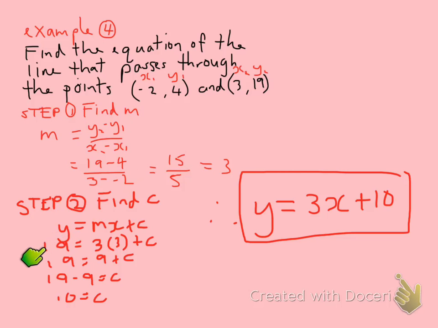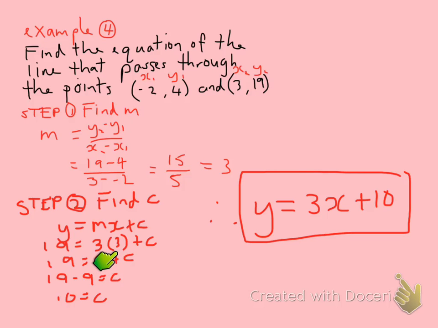So when I substitute in here, I replace y with 19, I replace x with a 3, and of course the gradient was also 3. When you substitute a value, it's useful to put it in brackets, and that indicates that we need to multiply these 2 values together. So the y value of 19 is equal to 3 times the x value, 3 times 3, which is 9, plus the value of c.